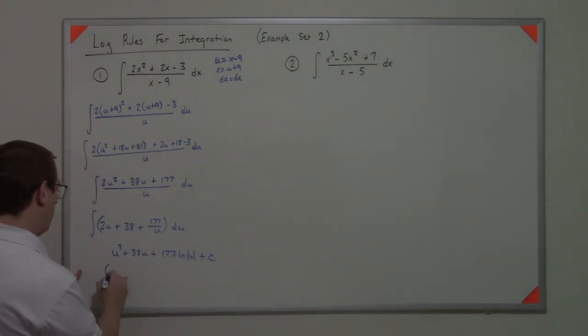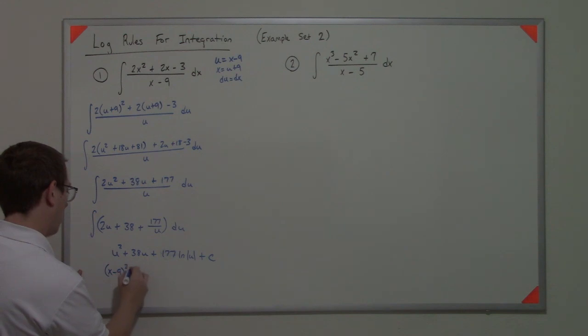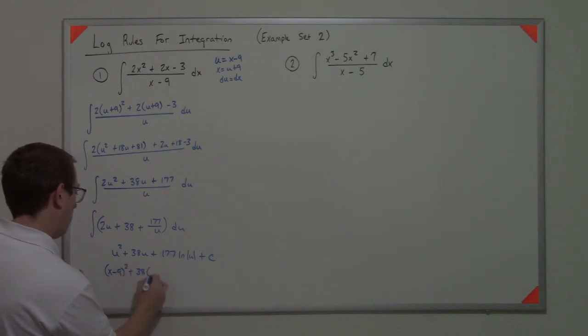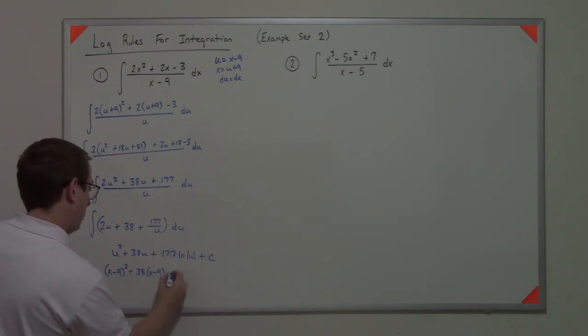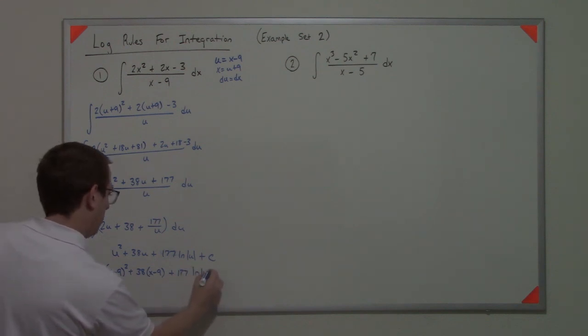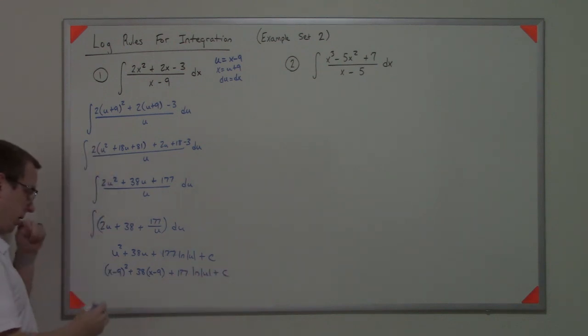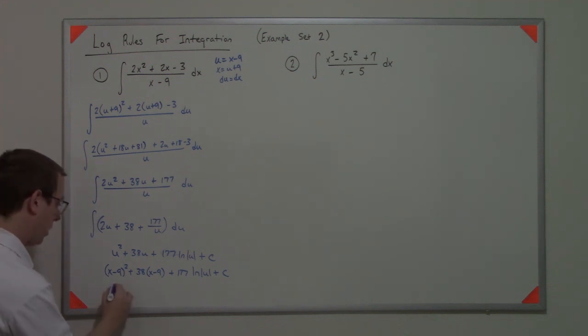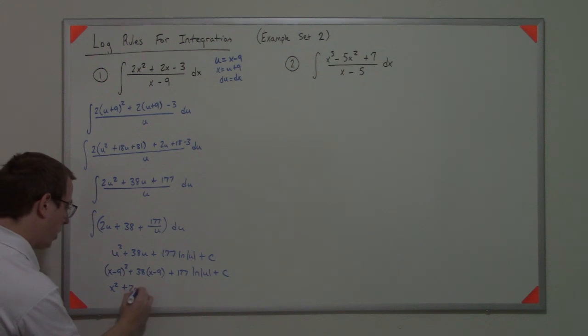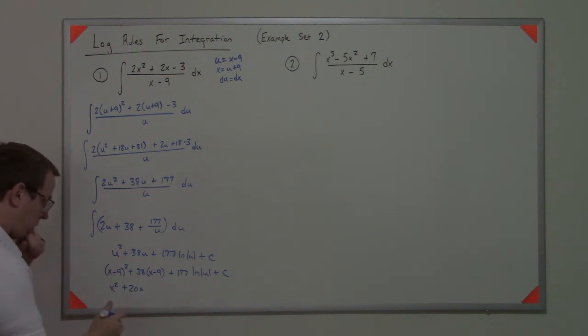I have to do x minus 9 squared plus 38 times x minus 9. That becomes x squared plus 20x, because that's minus 18 plus 38.